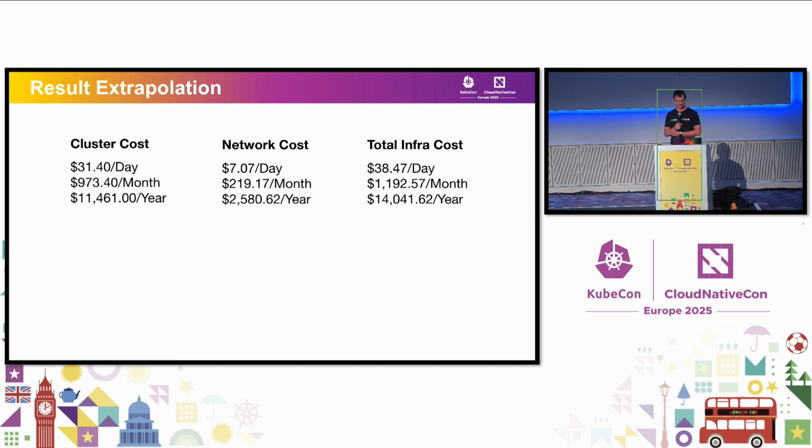Long story short, the combined cost of that whole setup was around $40 a day. If you multiply it by the number of days, you will see that if we kept it running for a year, we would have to pay around $11,000. And 30% of that cost was network traffic.